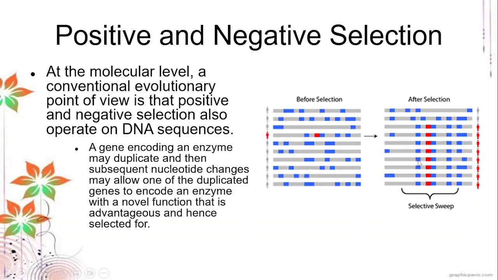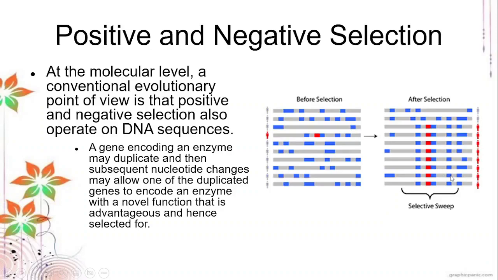So if a certain environmental event happens that allows that particular variation to be more adapted to that change in the environment, of course that person will survive and propagate his or her genes to the next generation. So you will have a positive selection towards that variation.